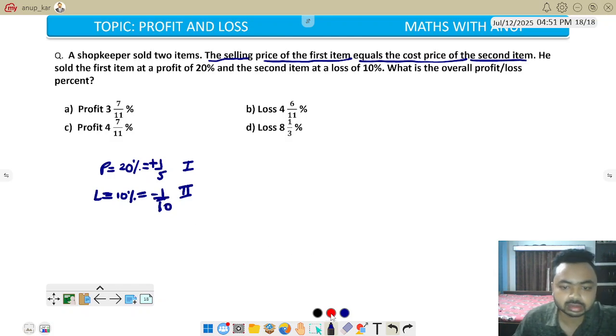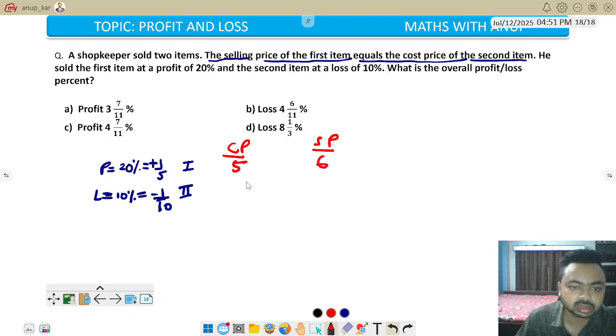So this is my cost price ratio, this is my SP ratio. Obviously it will be 5 to 6 and, for 10% loss, 10 to 9. I hope these ratios are clear because I have explained in the last demonstration how this comes.